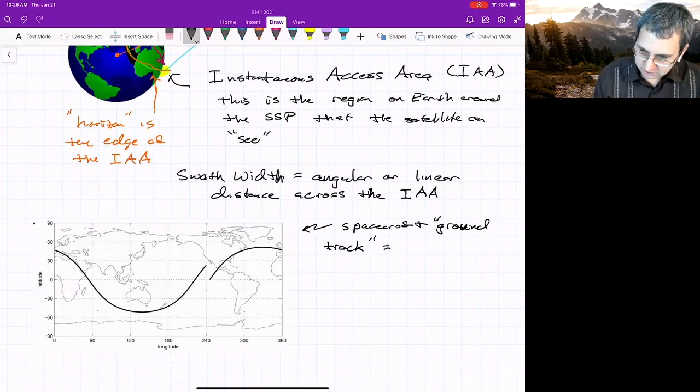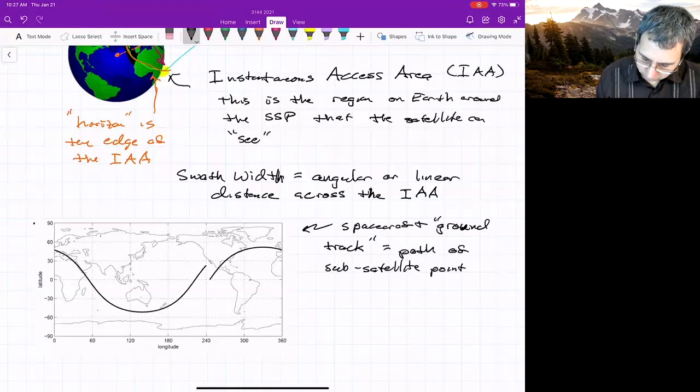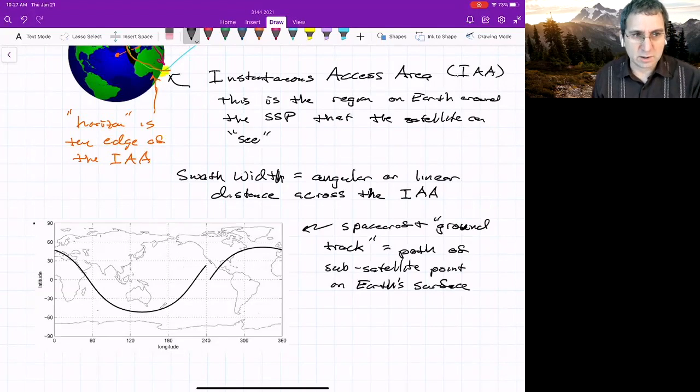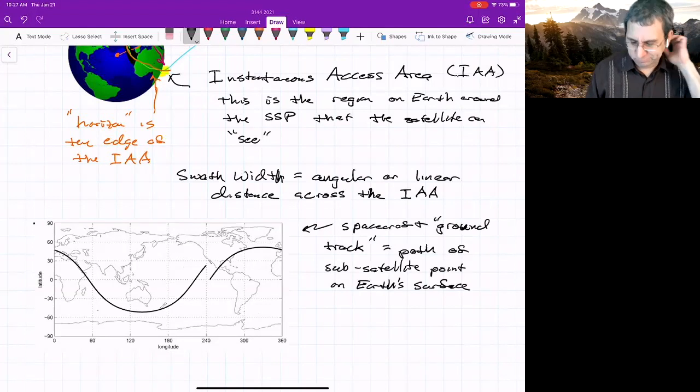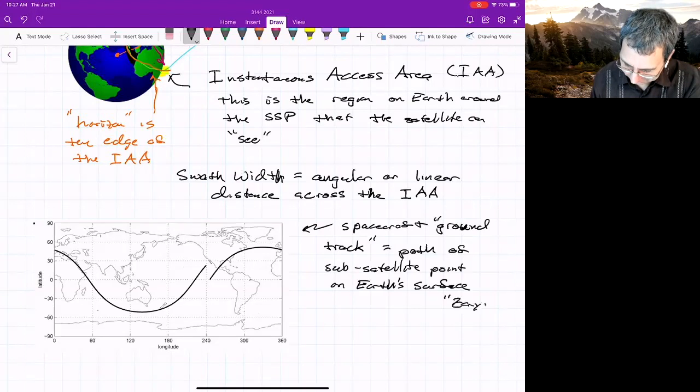What's the ground track? This is the path of the sub-satellite point on Earth's surface. So this is what they show in movies, and everyone's always confused, like, why is it curvy? Because it is. You want the name? Zarya? I think it was a Russian thing, Zarya.